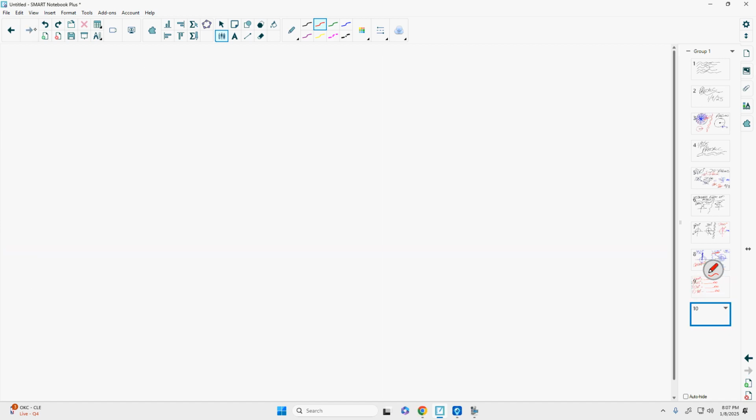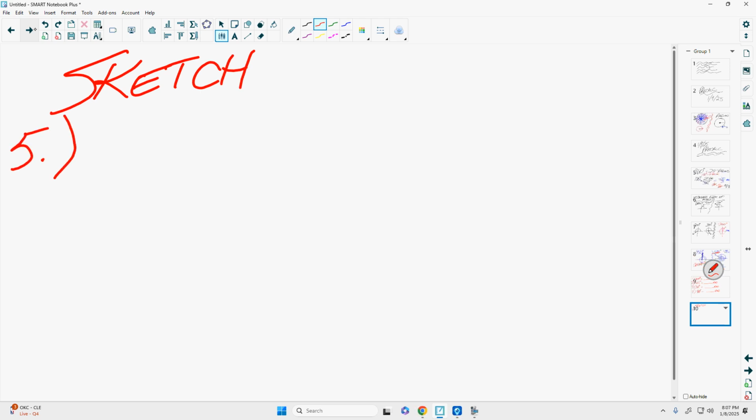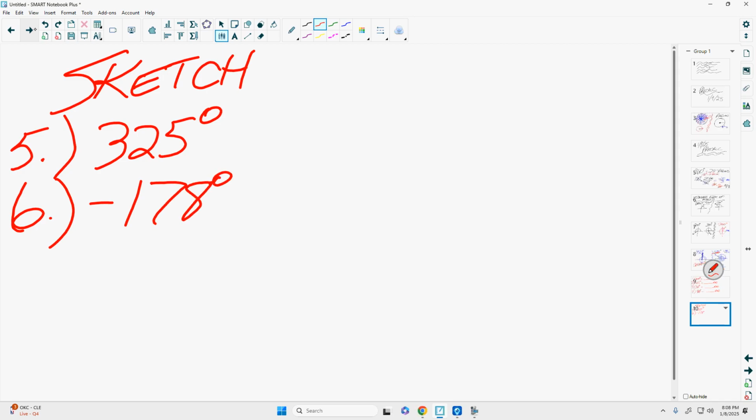Then the next questions that I want you to do are to sketch the following. Question number 5. Sketch 325 degrees. Question number 6. Sketch negative 178 degrees.